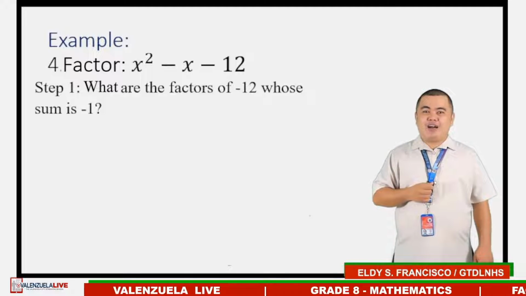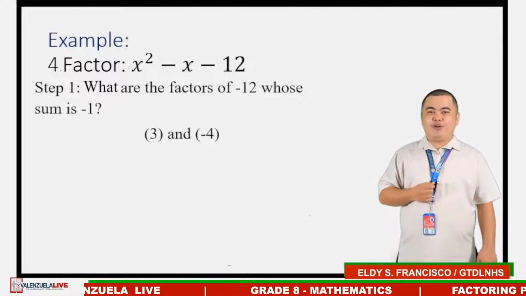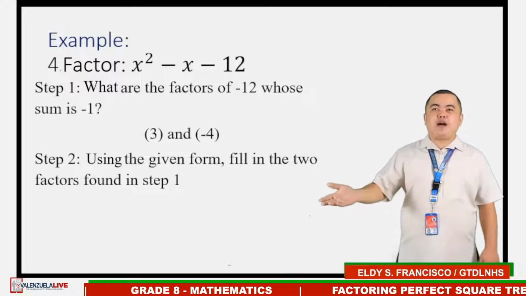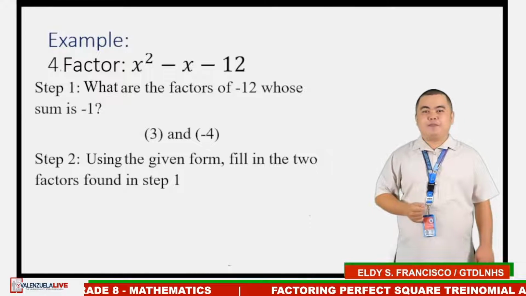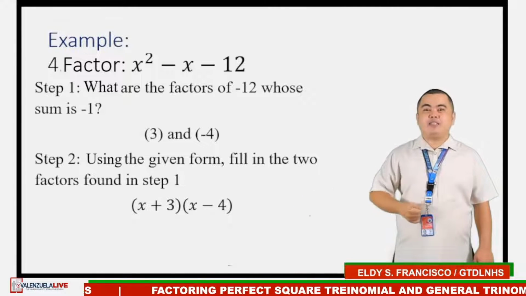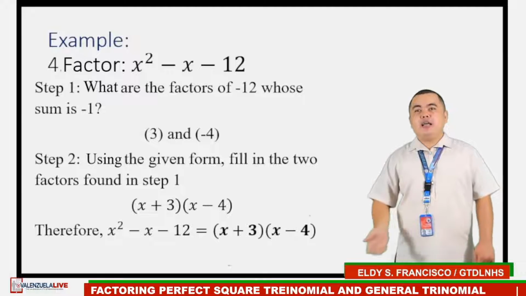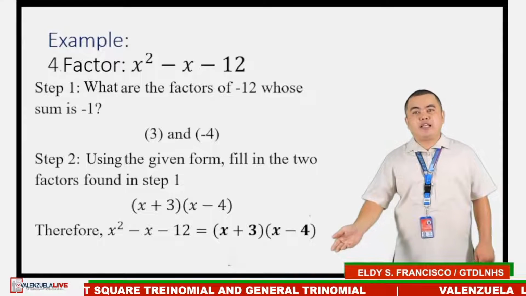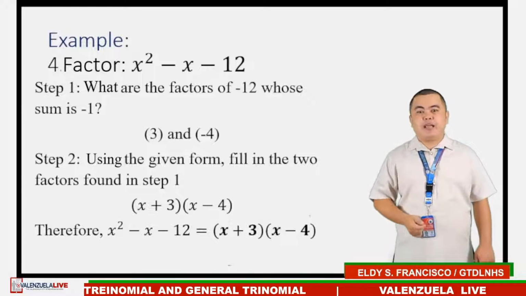The factors are 3 and negative 4. And last step, using the given form, fill in the two factors found in step 1. And we will have quantity x plus 3 times quantity x minus 4. Therefore, x squared minus x minus 12 is equal to quantity x plus 3 times quantity x minus 4.